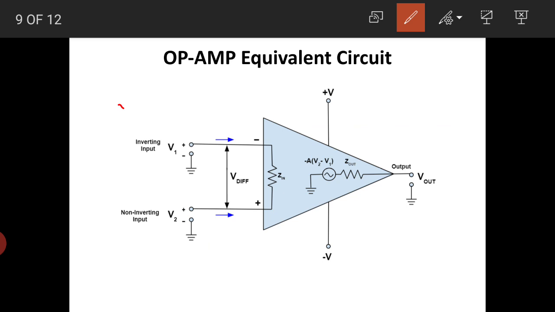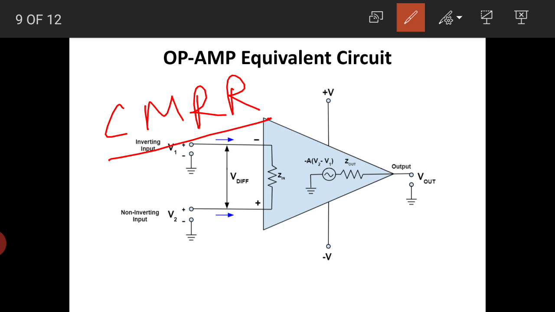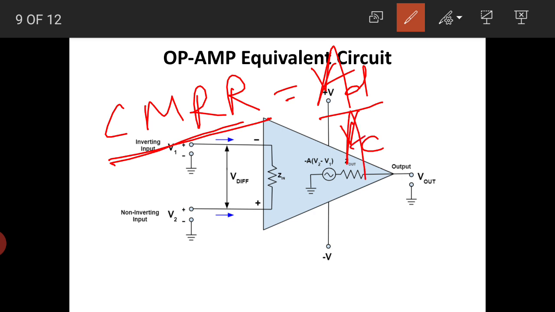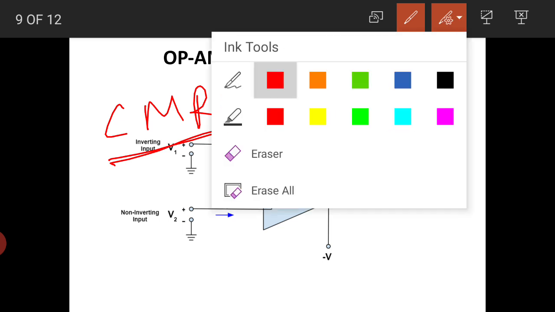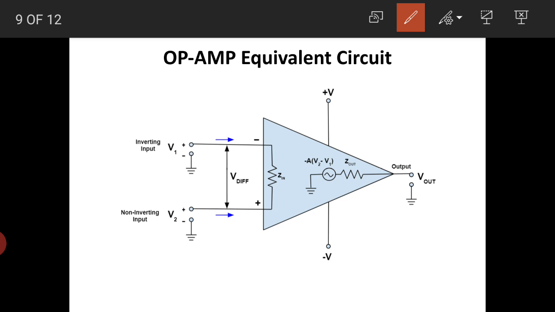Another is your CMRR, common mode rejection ratio. Common mode rejection ratio is equal to AD by AC, where AD is the differential gain and AC is the common mode gain. This can be understood if V1 and V2 are the same.